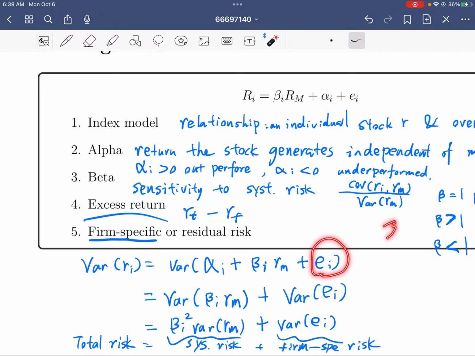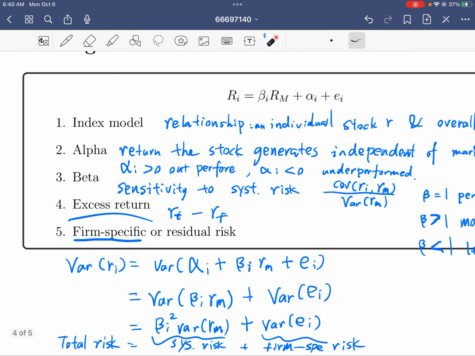It is not a constant, so we keep the variance of the error term here. This residual risk we call firm-specific risk, which is unique to each individual stock.